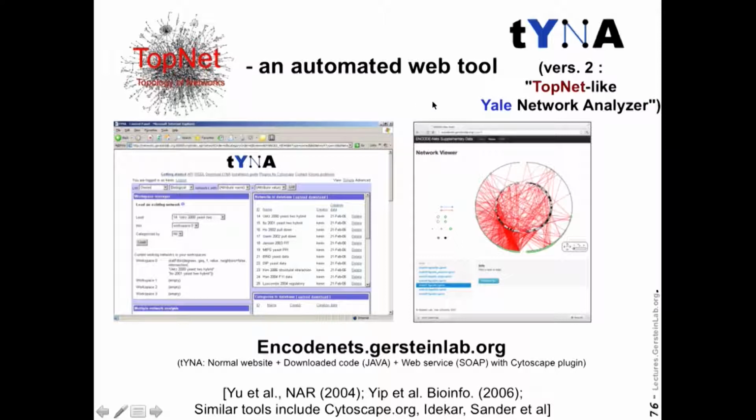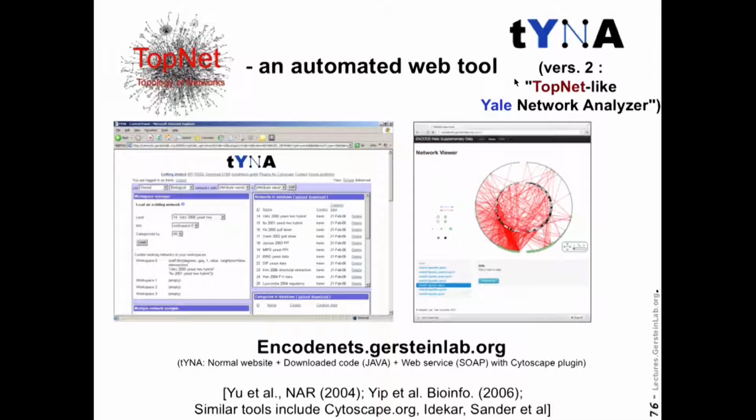But we wanted to relate it back to the original tool, so we spent a very long time coming up with an acronym. We came up with this one, which I think is kind of cool: TYNA. It sounds like tRNA, but it's a recursive acronym that stands for TopNet-like Yale Network Analyzer.